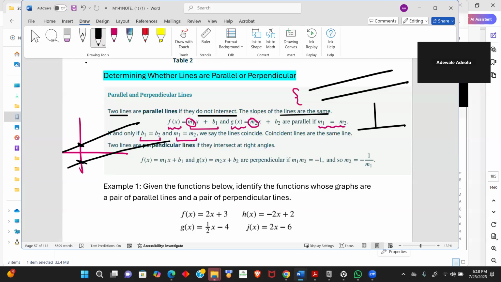But because they are parallel, the slopes are the same. So we say they are parallel. What will happen if they have the same slope and the same intercept? Then one line lies on the other one, right? So we say they coincide. That is, they are the same.